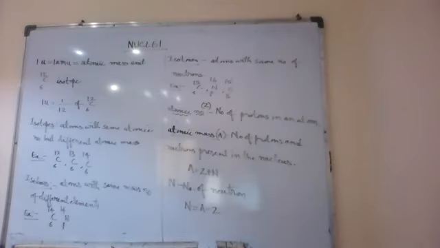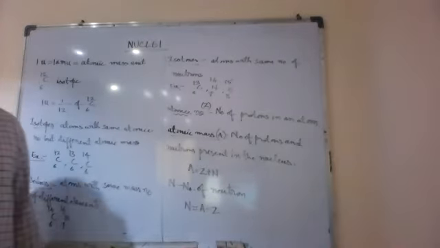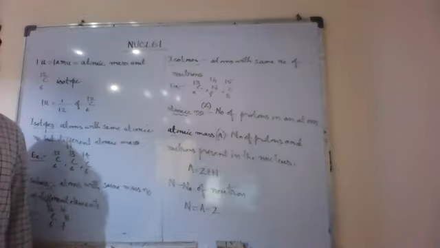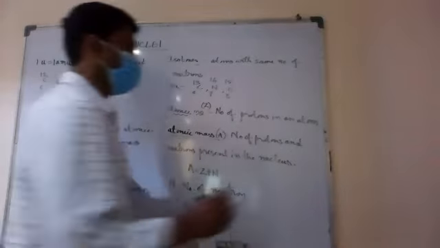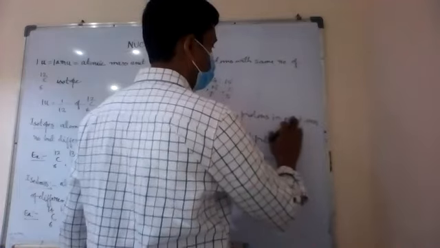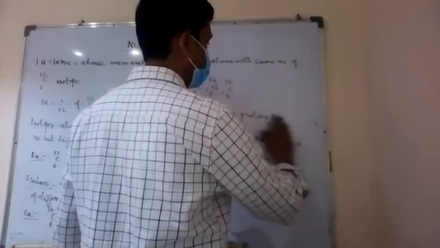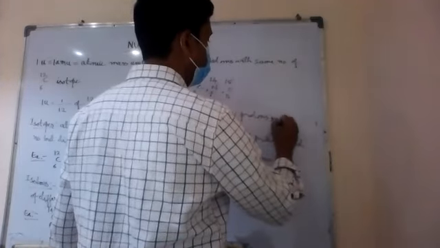Now atomic number. What is atomic number? Atomic number means number of protons present in an atom, in the nucleus.